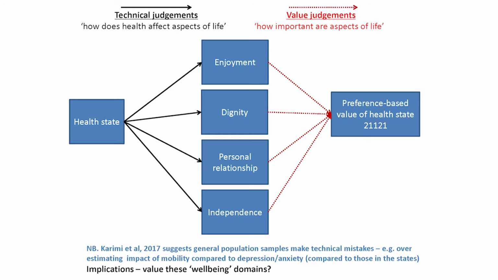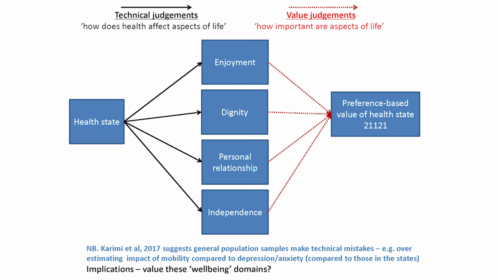And what he found was that many people said that they'd take the health state but then imagine how that's going to impact on their quality of life in terms of these higher level things such as enjoyment, dignity, personal relationships, independence, and so on. Then having made that judgment about how these domains are going to be impacted, they then apply value.